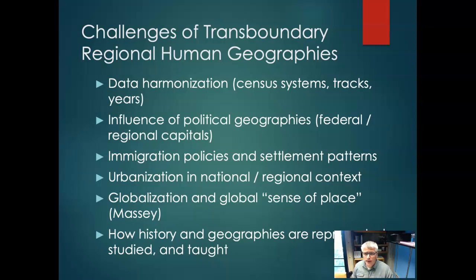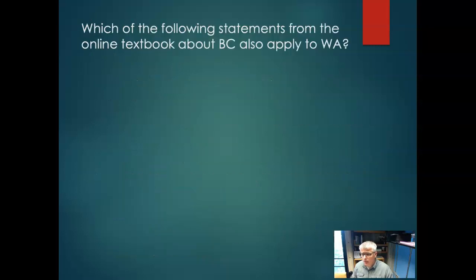So to think about the differences across the border, here are a few quotes from an online textbook about BC, and I'll read them and then think about how they could apply to the U.S. or to Washington, or what's different. These are a bunch of quotes that describe BC.